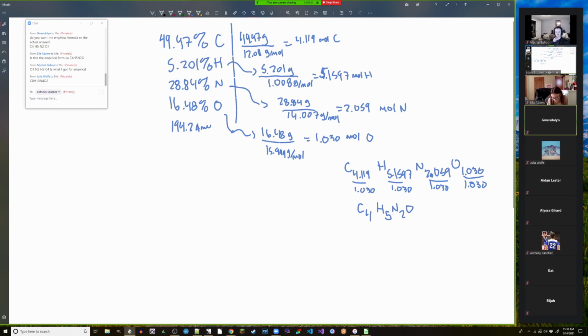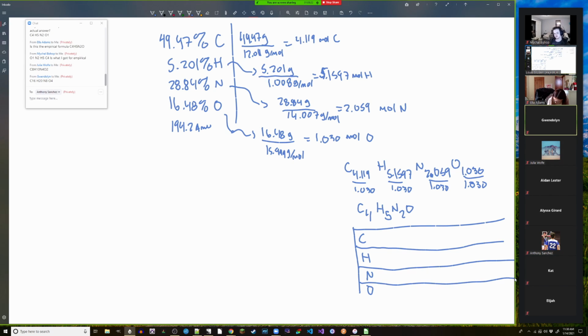And then to find the true formula, right? We need to do this thing with the mass again. Carbon, hydrogen, nitrogen, oxygen. We know all these, mass and AMU.